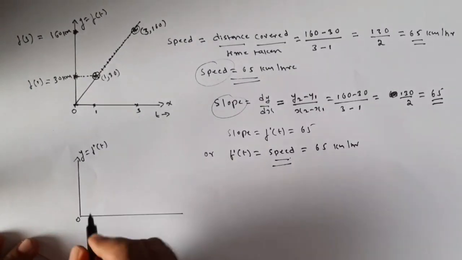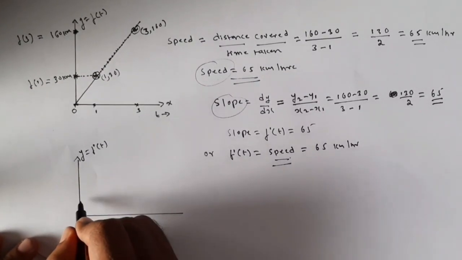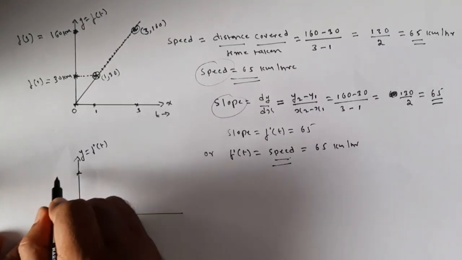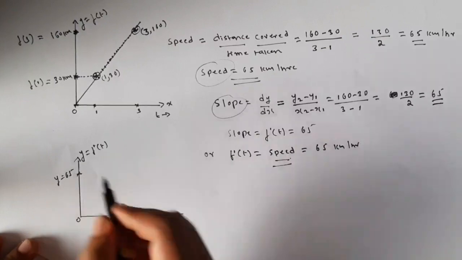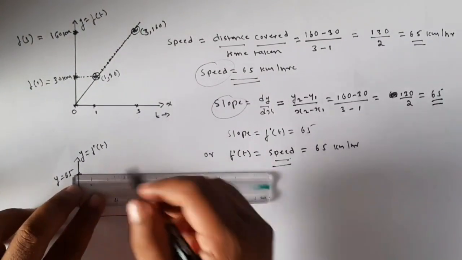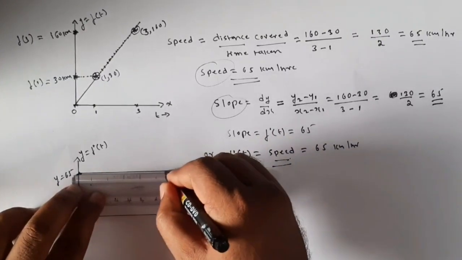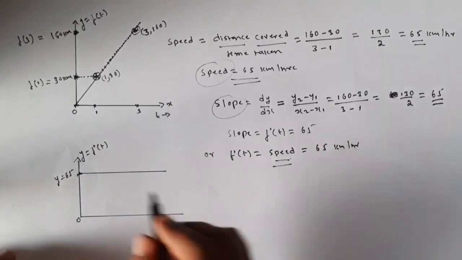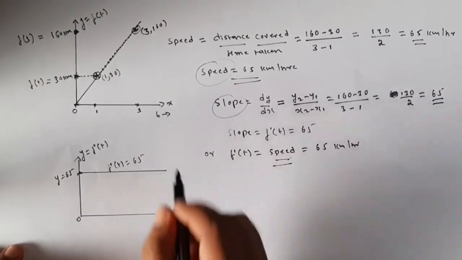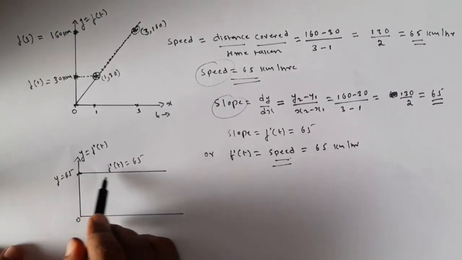So take here 0, 10, 20, 30, 40, 50, 60, and 65 somewhere here you will get. That is y is equal to 65. y equal to 65 means you will get a straight line parallel to the x axis. This f dash of t is equal to 65 is the equation of speed.